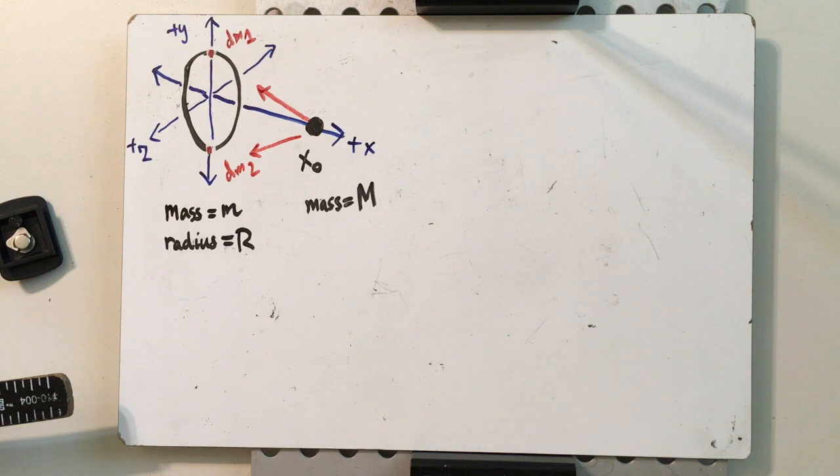So the force of the ring on the sphere is going to be different than if it were two spheres. Now let's look at a side view.